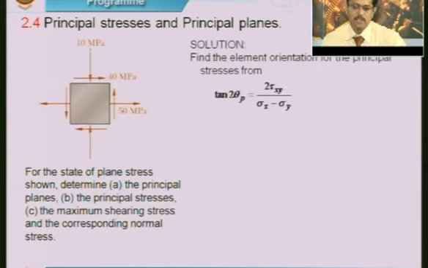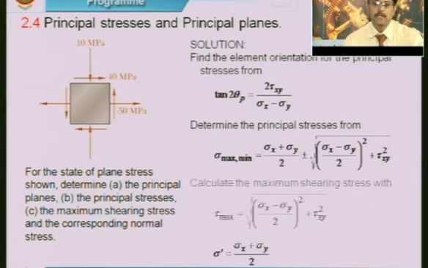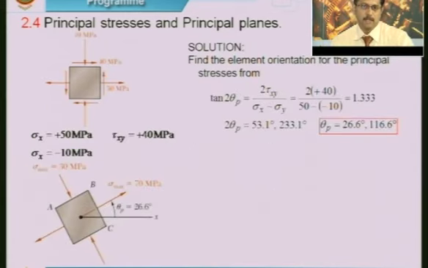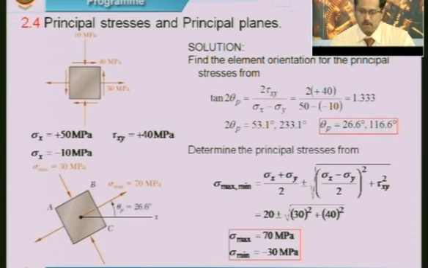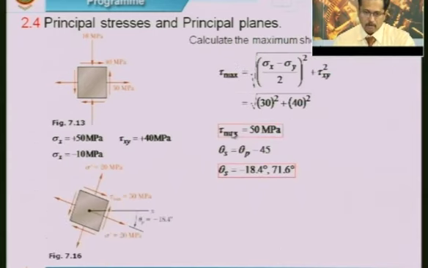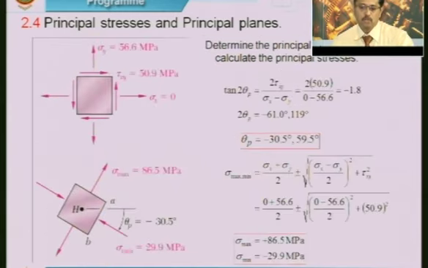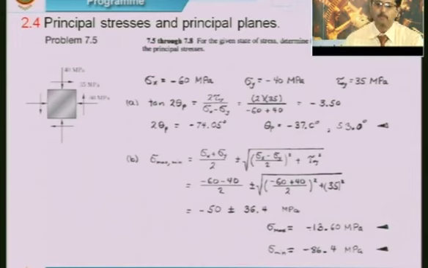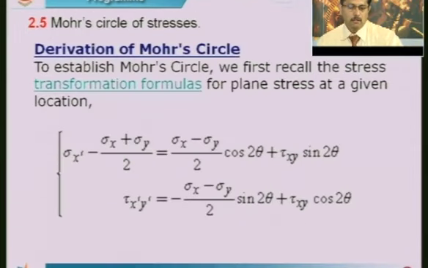We had discussed a few problems related to principal stresses and principal planes. We will also see how to solve these problems by Mohr's circle. Before that, we will see what Mohr's circle is. We had discussed these two problems. Today we would discuss how to get this Mohr's circle.